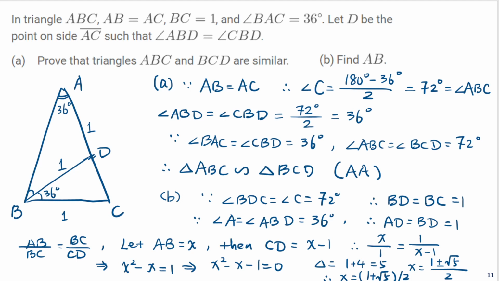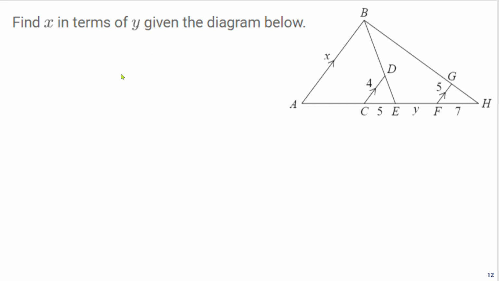Okay, if not, let's consider one last question before we take the break, okay? Next exercise, consider this question here. If we have AB equals x, can you find x in terms of y, given the diagram below?